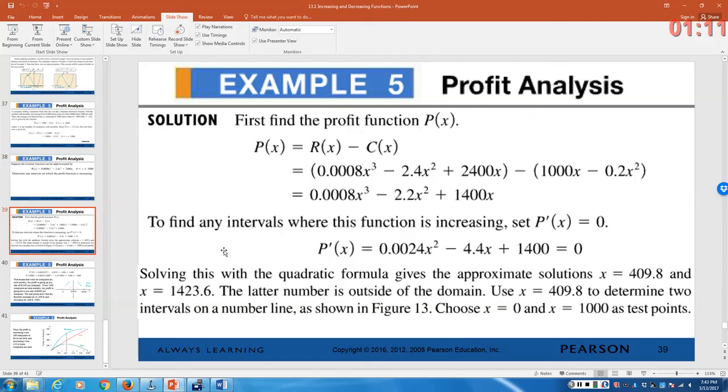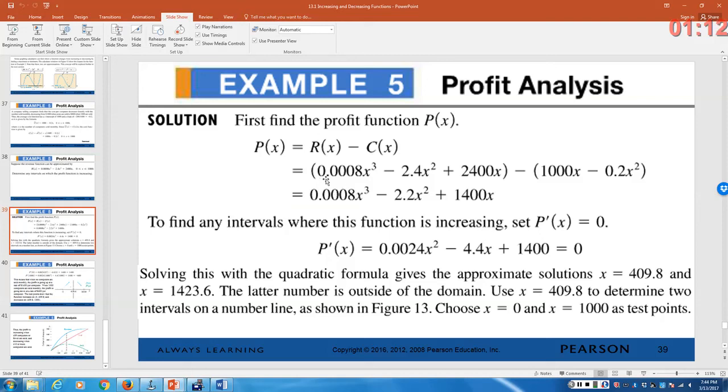So the first thing we're going to do is find the profit function, and profit is revenue minus cost. So you take your revenue function, you subtract your cost function, and you be very careful that you don't mess up the signs. We're all capable of it, including me. It's the little things that get you.